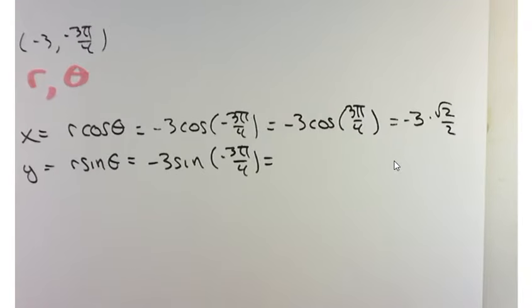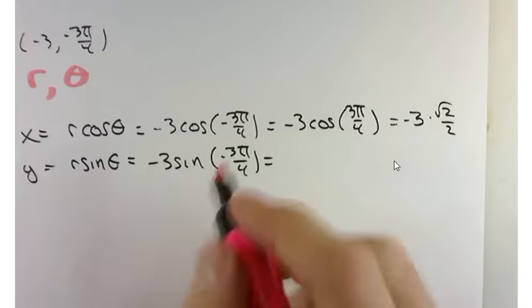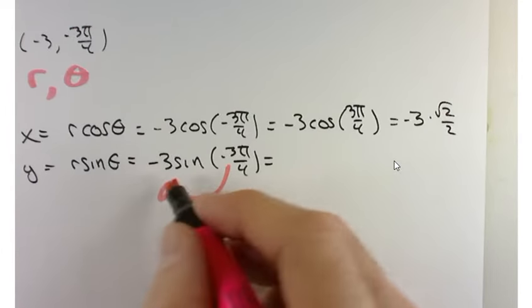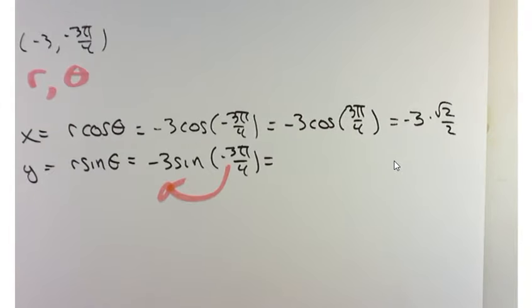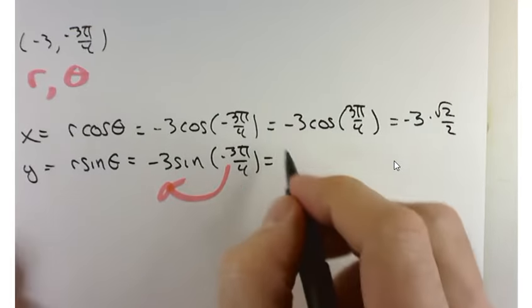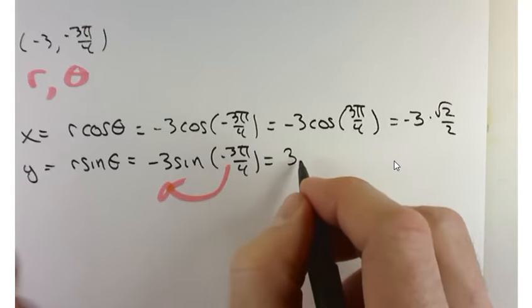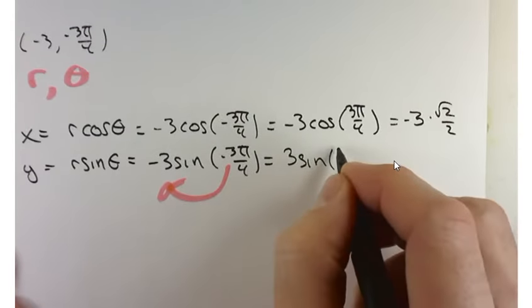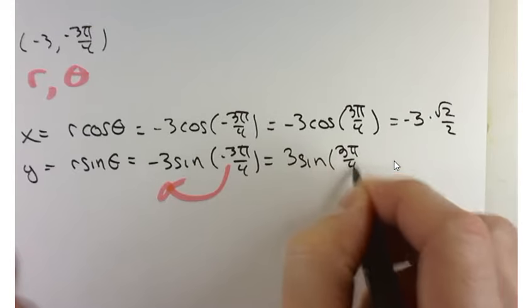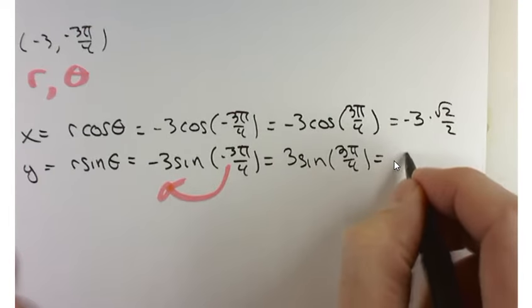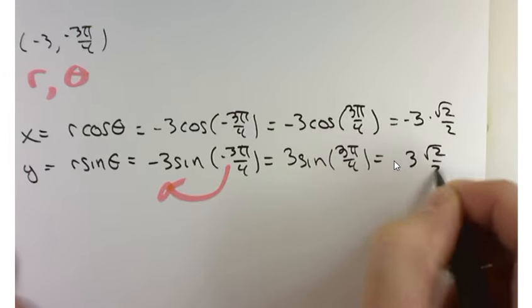How about sine? Exactly. In this case, sine is an odd function, so that negative factors out, and I'll get a negative times a negative. That'll just make it a positive. 3 times the sine of 3 pi over 4, which will be positive 3 square root of 2 over 2.